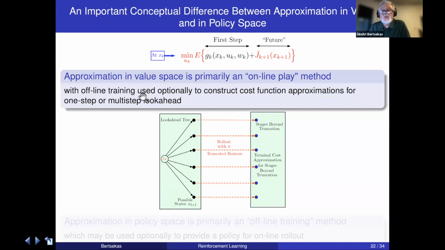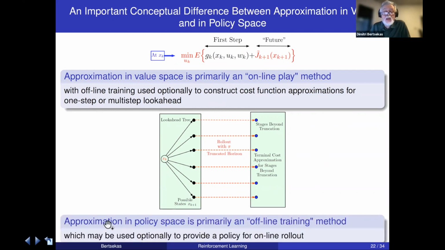Offline training is used optionally to construct cost function approximations here, or for the one-step and multi-step look-ahead, or policies for this middle portion of rollout. On the other hand, approximation in policy space is primarily an offline training method, which may be used optionally to provide a policy for online rollout, this middle portion of the approximation in value space architecture.